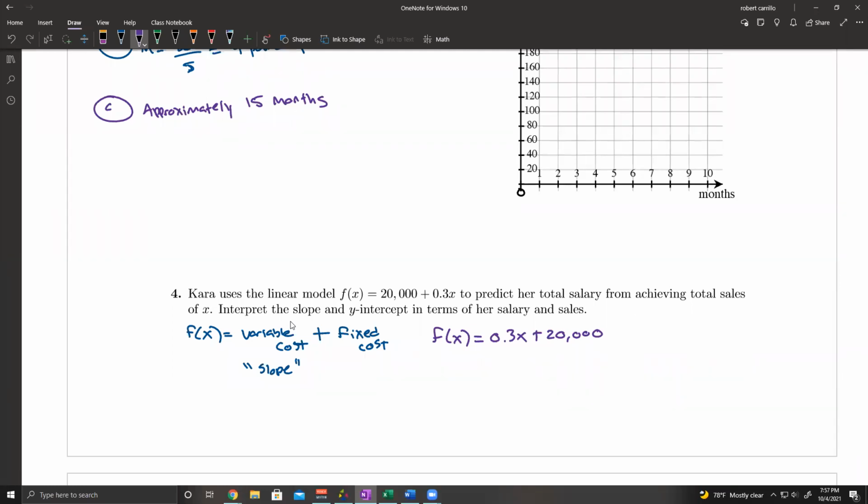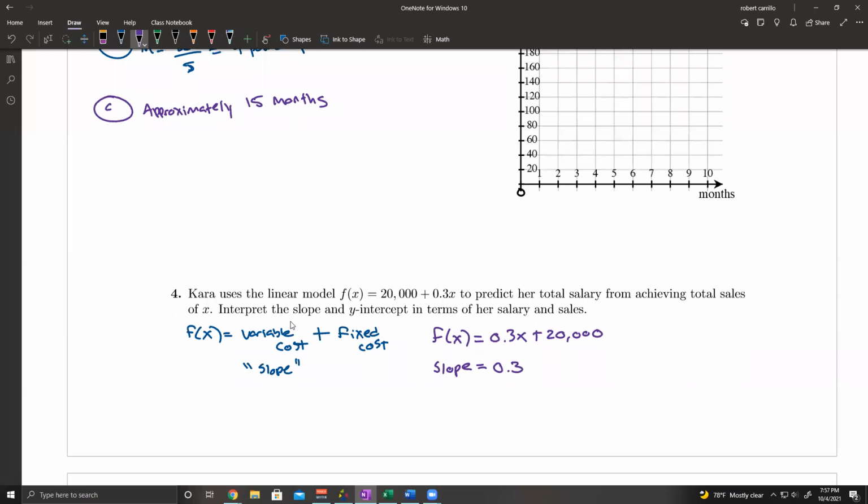So what does the slope mean in all this? Actually, what is the slope, first of all? 0.3. Good. And is that slope positive or negative? Positive.